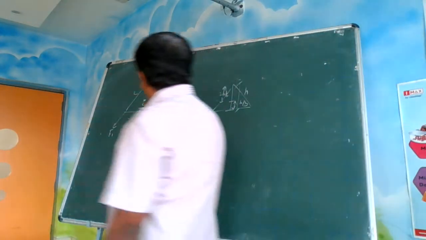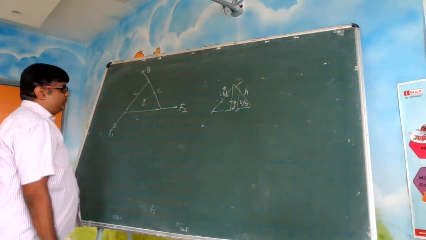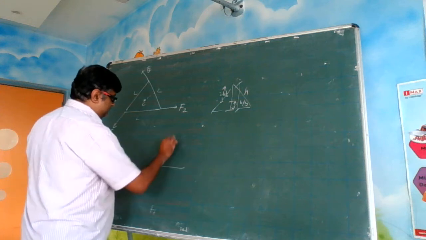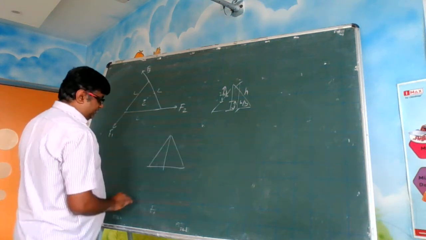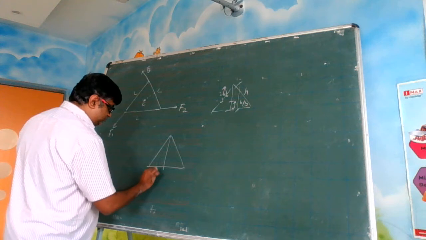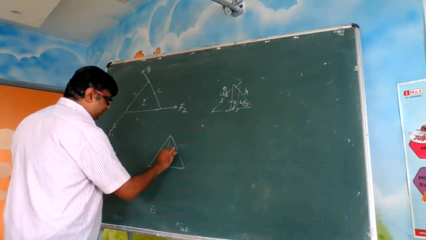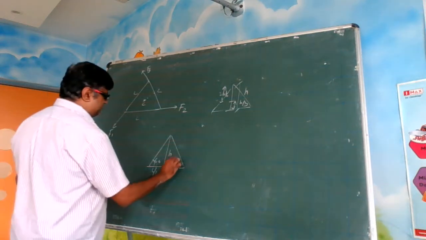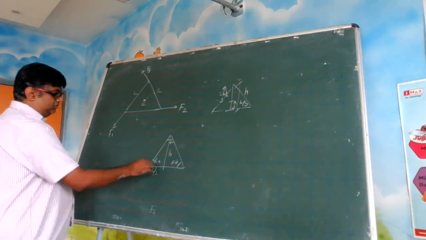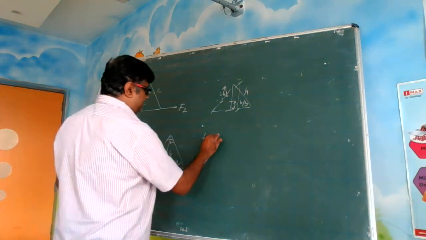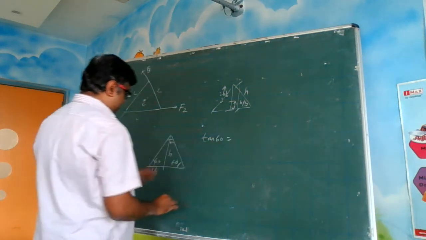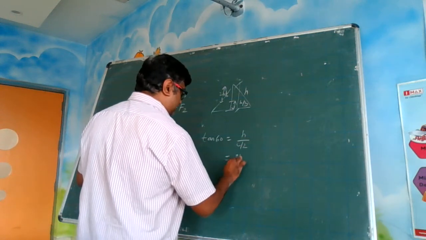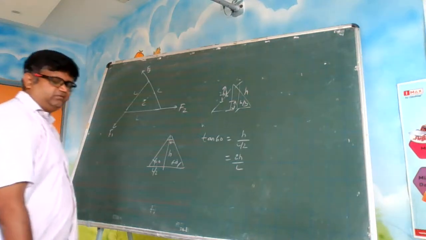So here, how much will this distance be? You have to find this height. This is an equilateral triangle, and the total side is L, so this half will be L by 2. Let us say this total height is h and this angle is 60 degrees. In an equilateral triangle, all angles are 60 degrees. So tan 60 will be equal to h divided by L by 2, which is 2h by L. What is tan 60?